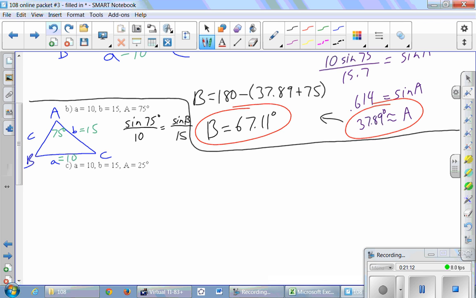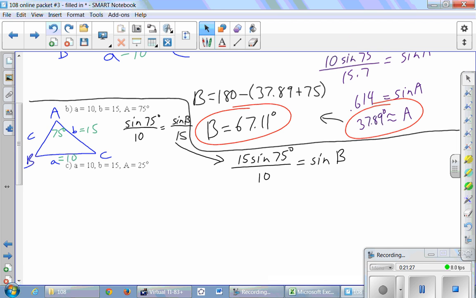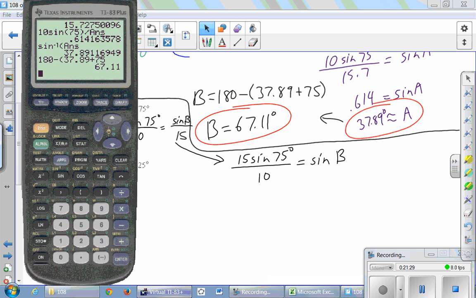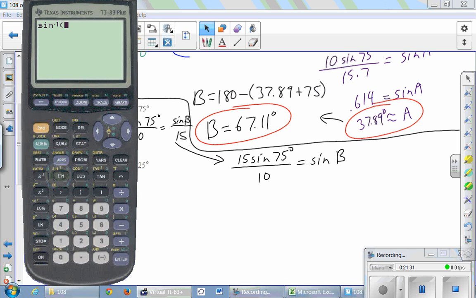Okay, so we'll go ahead and multiply both sides by 15, trying to find B. So we go 15 sine 75 divided by 10 is the sine of B. And then we need the inverse sine of that, and we'll be done. So let's just do that in one shot. Inverse sine of 15 sine 75 divided by 10.